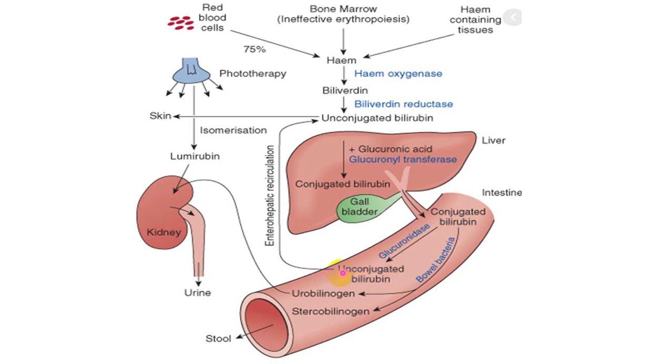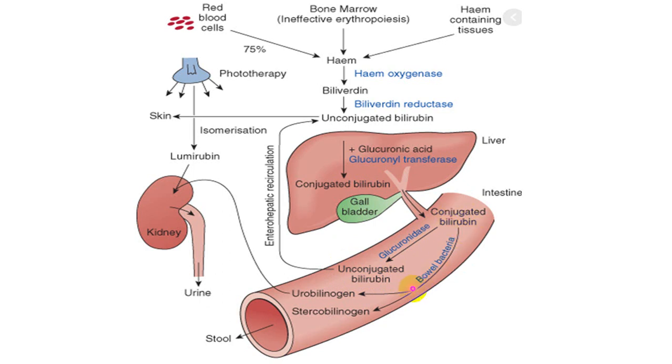This can be absorbed from the intestine and will return to the blood, where it's returned again to the liver, and this circle will continue and is called enterohepatic cycling. This amount of bilirubin represents about 10 to 20% of the total secreted bilirubin.